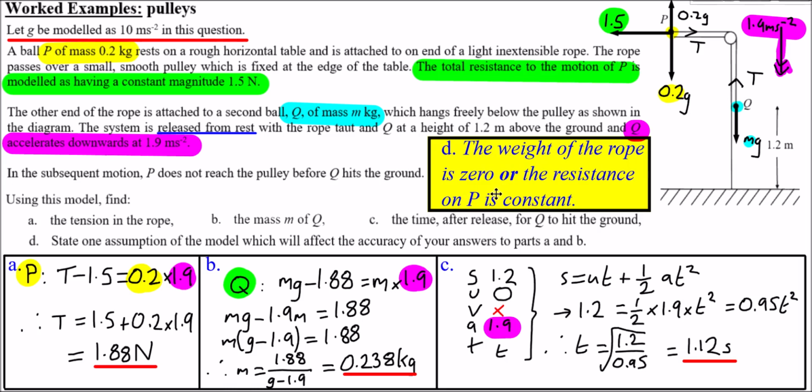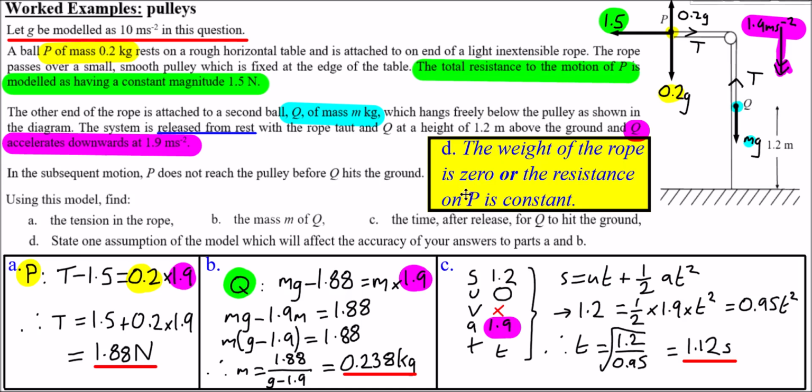Okay, so actually the friction may well change. It might not be 1.5 at all once it starts to slow down, for example. Or when it speeds up, the friction might become greater than 1.5. So that's an assumption. But I think the main one is probably the first one to put down, the mass of the rope, we're assuming it to be 0.